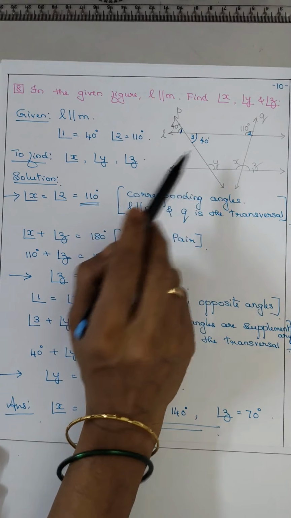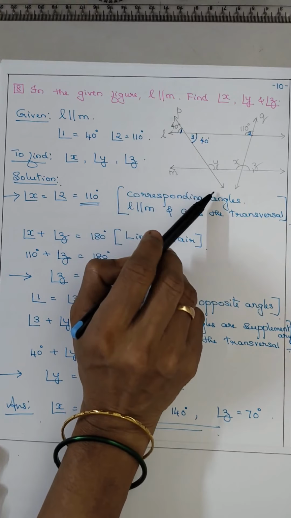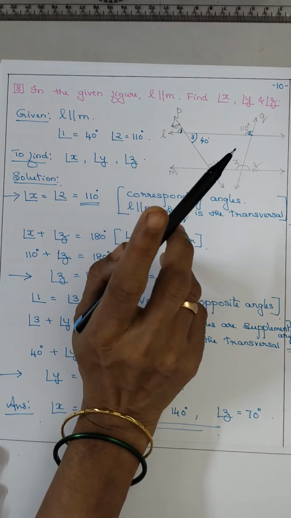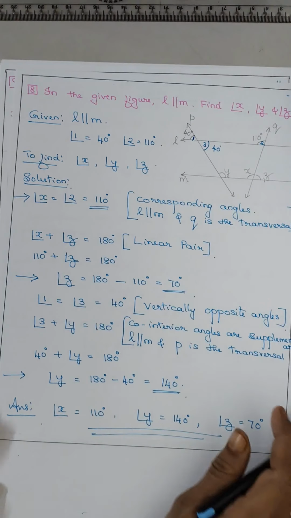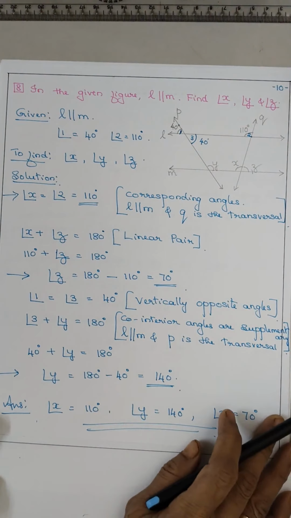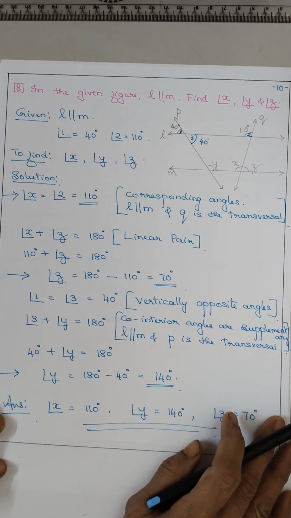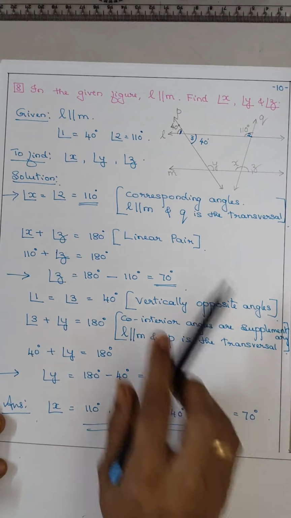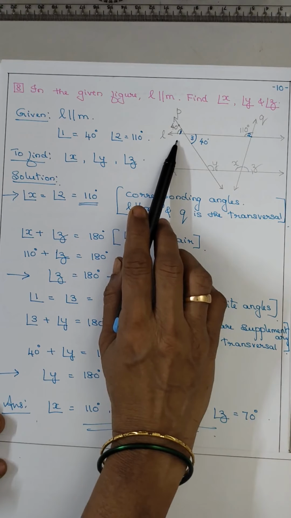Why? L is parallel to M, P is the transversal. So these two form the co-interior angles. They are supplementary. Otherwise, what we did like this, there is another method here too.